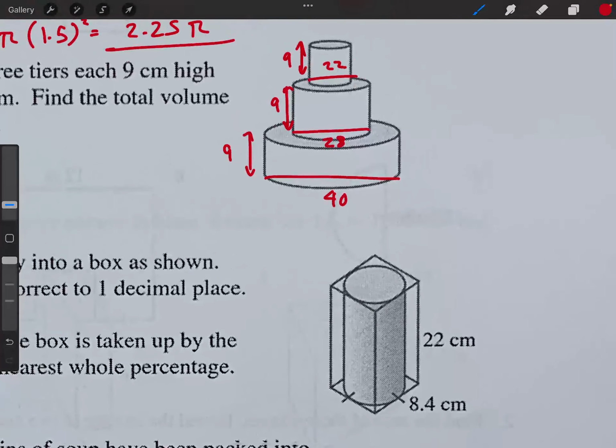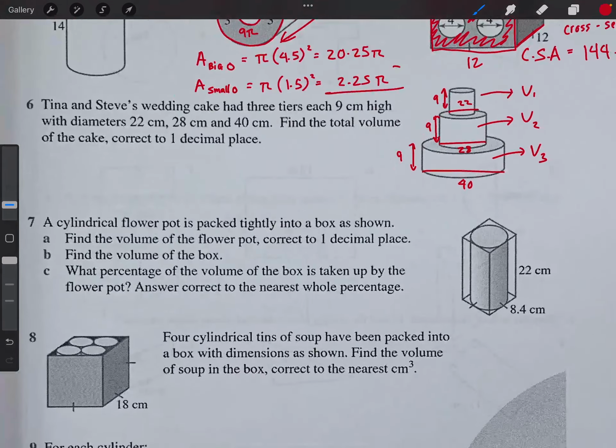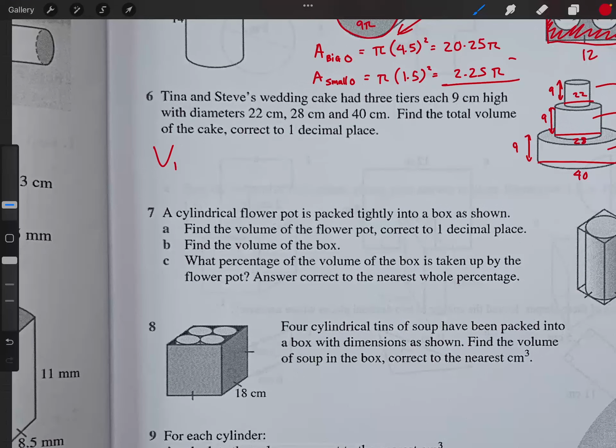So that means we have to find the volume of each cylinder shape part, and we add it together. So I'm going to call this volume 1, volume 2, and volume 3. And what we want to find is the total volume, the V total. It's going to equal volume 1 plus volume 2 plus volume 3.